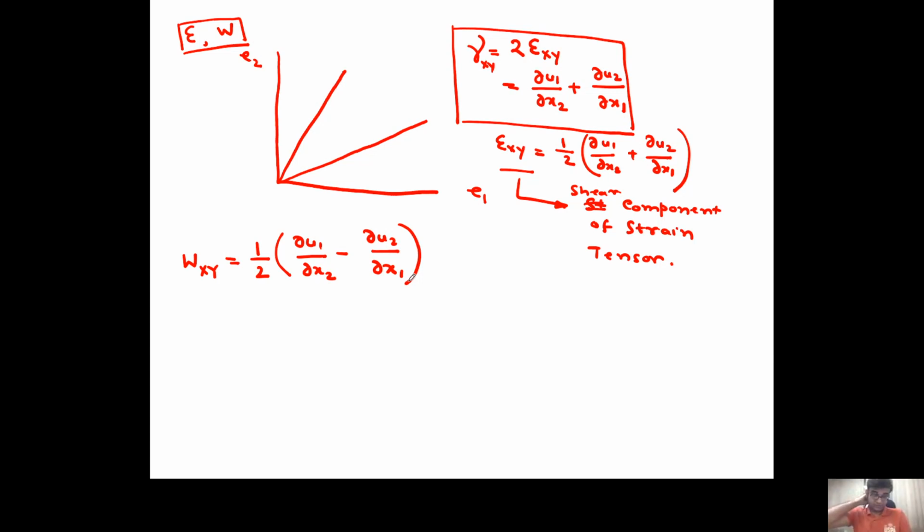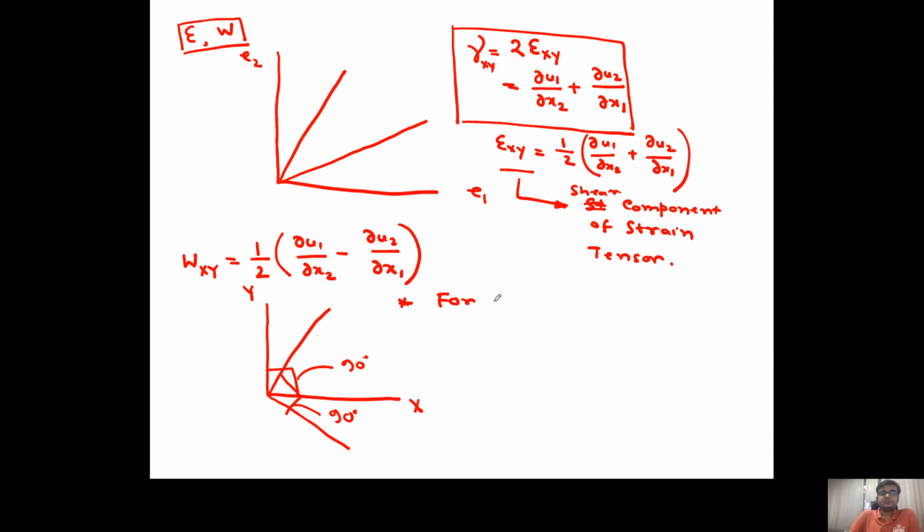Now let us see what is happening here. So what is rigid body rotation? Suppose we have x and y. So if strain is 0, what will happen? This line will come here and this will come here. And if this angle was 90° and there is a rigid body rotation, this angle will also be 90°. So when there is a rigid body rotation, the two line elements will move in the same direction.